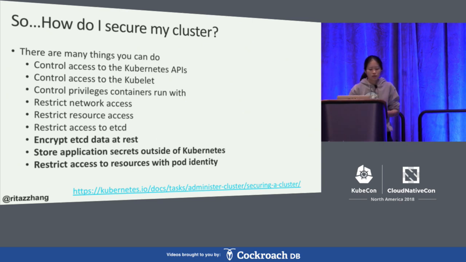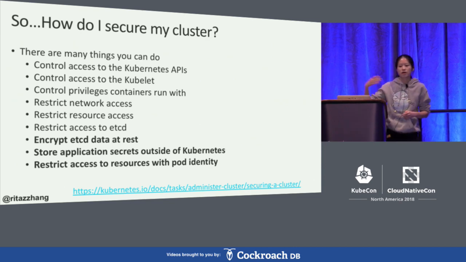And specifically, make sure you restrict access to etcd, enable authentication, make sure you can only get to the APIs and the etcdctls if you have the certs enabled, and make sure that you have encryption enabled for your etcd, right? And so that's the first half of the talk.